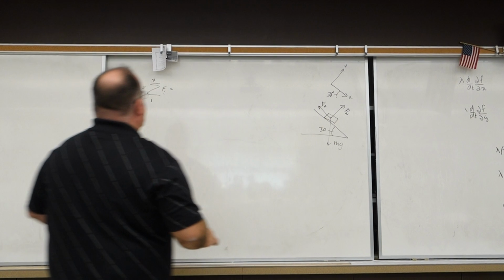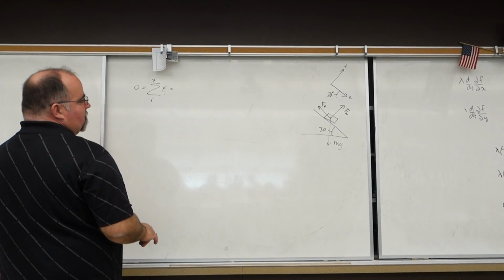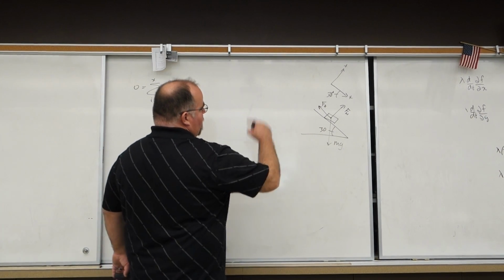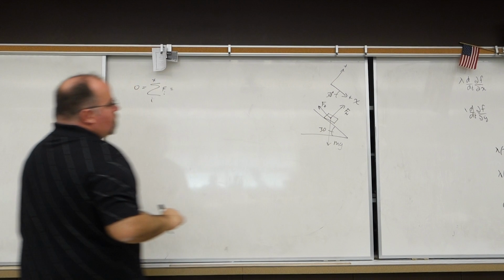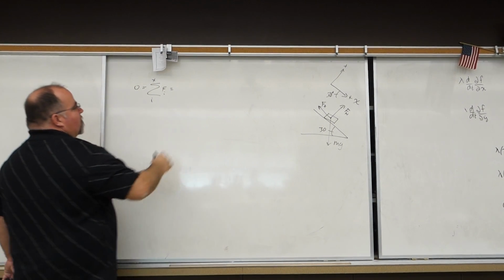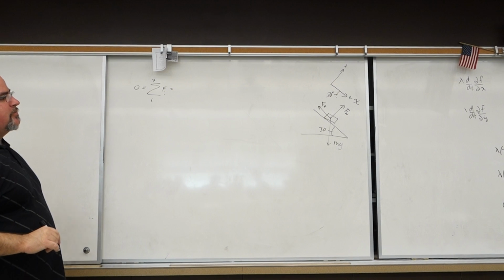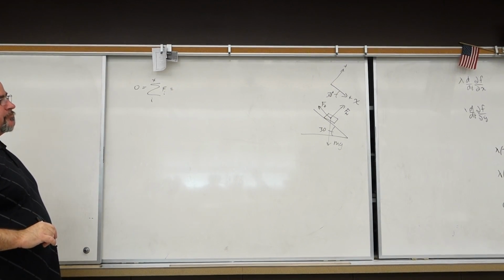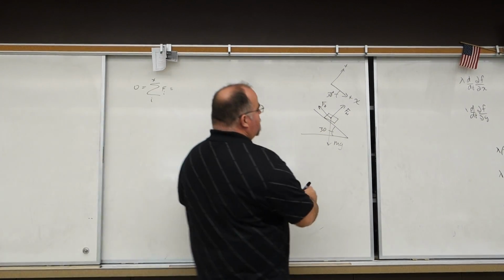Okay, and the X is what we're looking at first. This is the X right here. We have a negative force of friction. Do we have any positive forces in there? We have a projection.